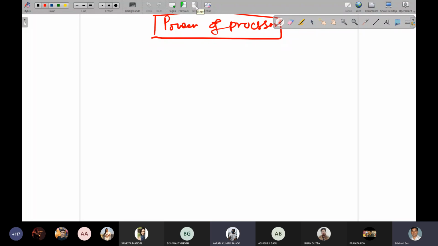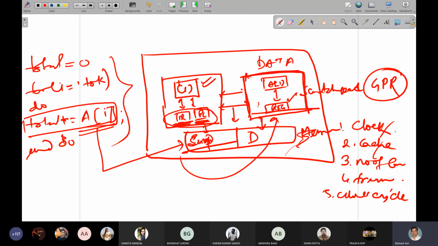So tell me why Intel is more popular in this processor domain. Suppose I found processors in the market which can do 5 tasks. Apart from what we are telling, clock speed, cache, number of cores, frequency, clock cycle, all are the same.